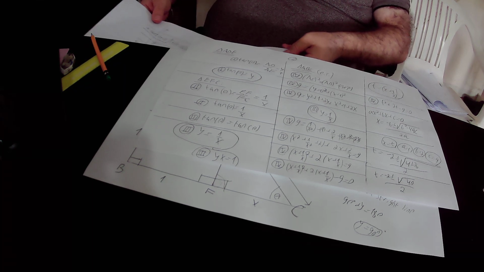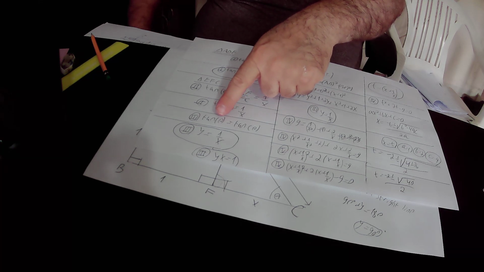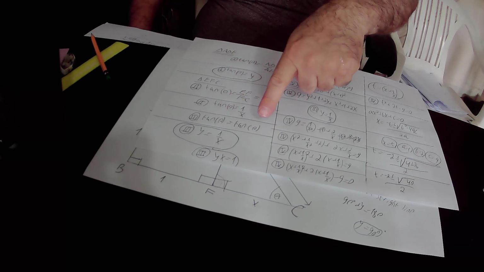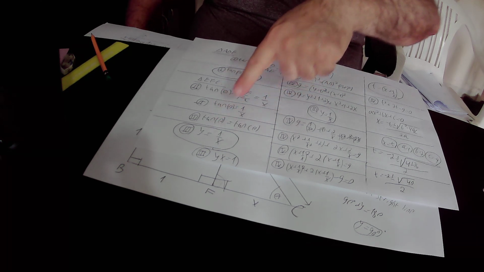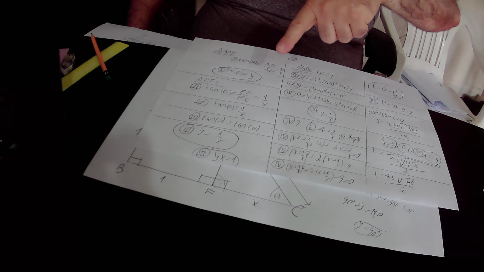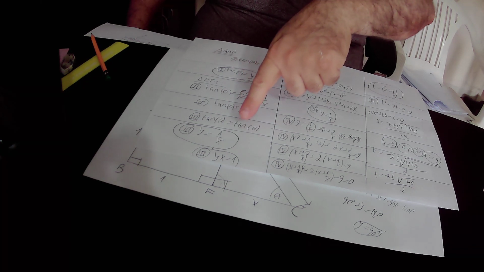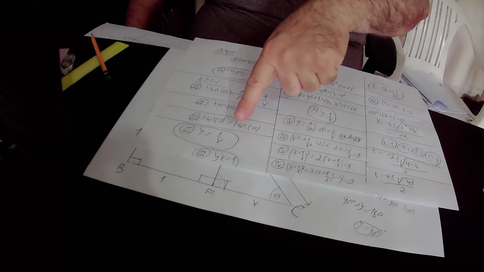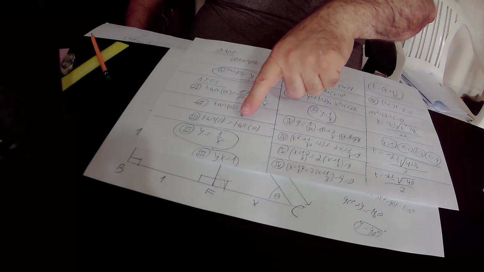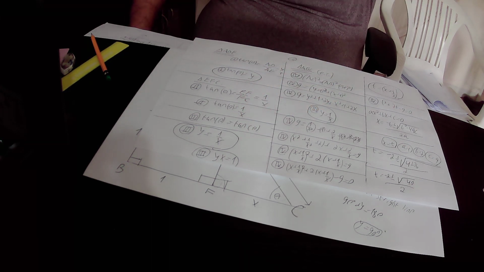Therefore, we can create equation number 3 that states that tangent theta according to equation number 1 must be equal to tangent theta according to equation number 2. Tangent theta according to equation number 1 is Y, and it must be equal to 1 over X. So we got equation number 3 that states that Y equals 1 over X, and if we multiply equation number 3 by X, we will get that Y times X equals 1.